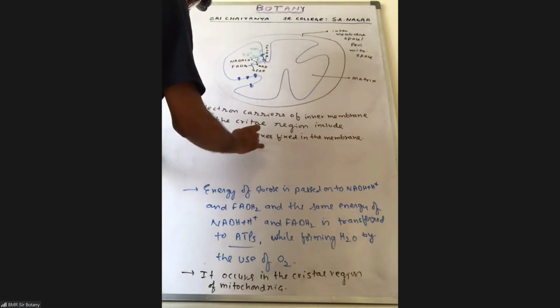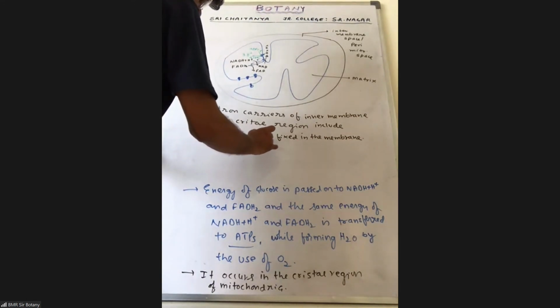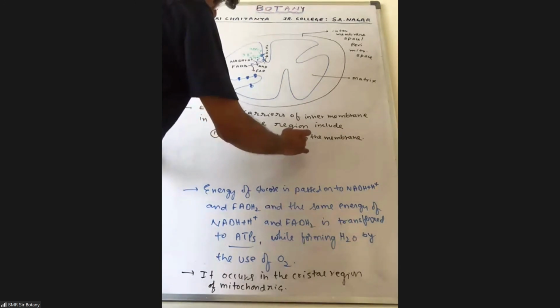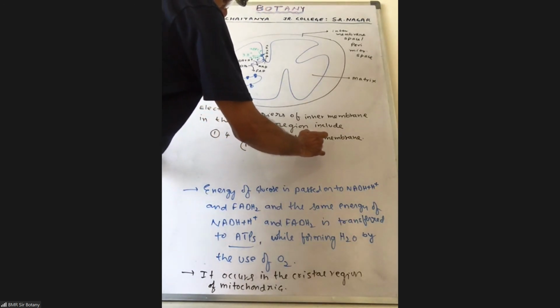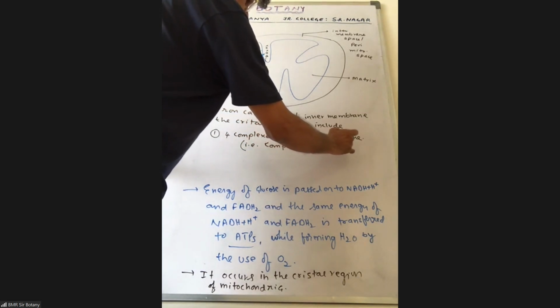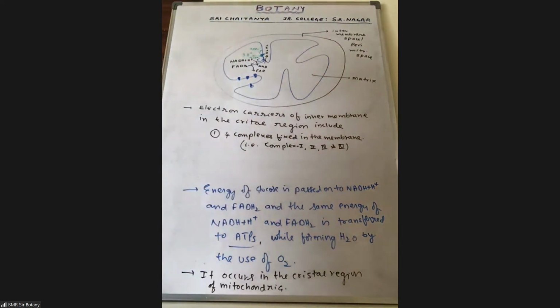They are called complex 1, 2, 3, and 4. Details we see when we discuss the process.